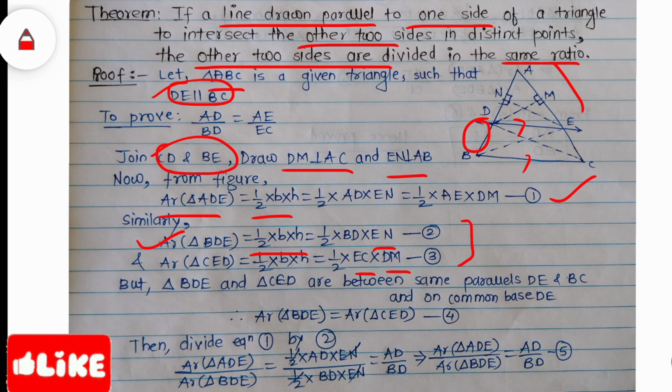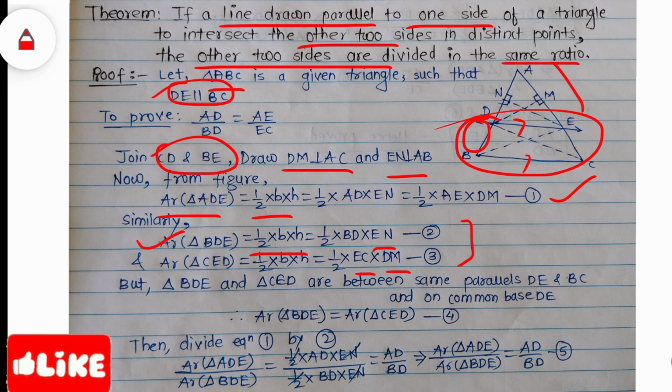Now we have to observe here that in this particular trapezium, these two triangles BDE and CED are based on the same base, that is DE. They have one common base side, and they are situated in between the two parallels. What are the two parallels? ED and BC.